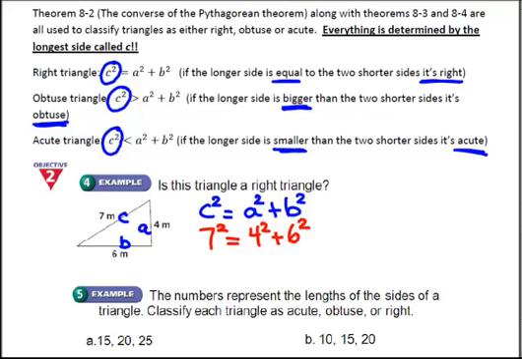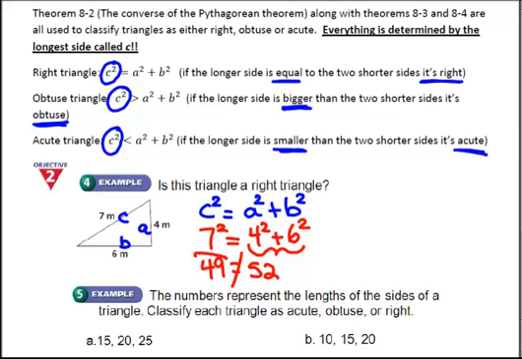Okay, we're going to use the calculators. 7 squared, I know, is 49. And then you type in all of this at once. So I'm going to type in 4 squared plus 6 squared, and I get 52. Now, the answer clearly is no, it's not a right triangle. I can see they're not equal.